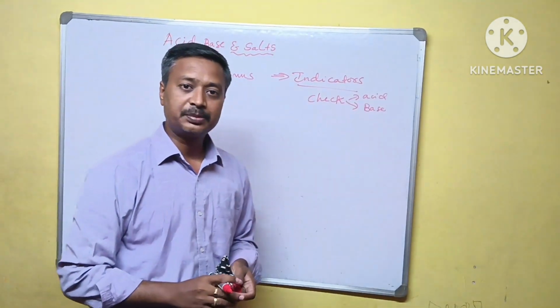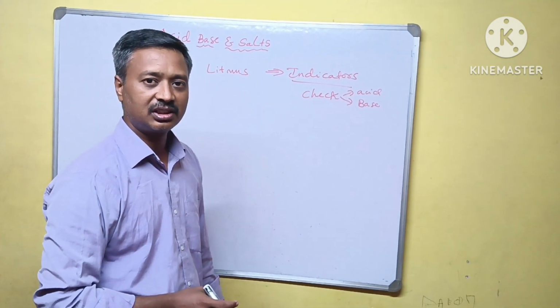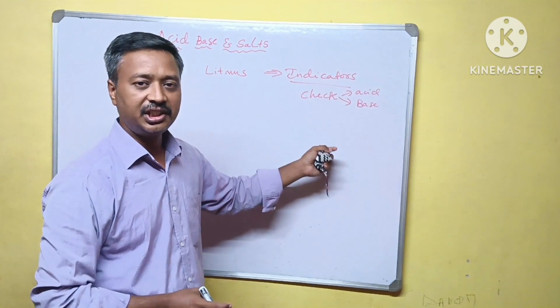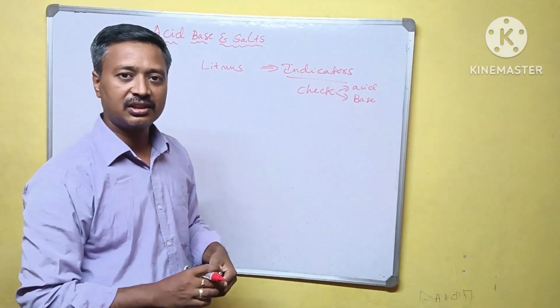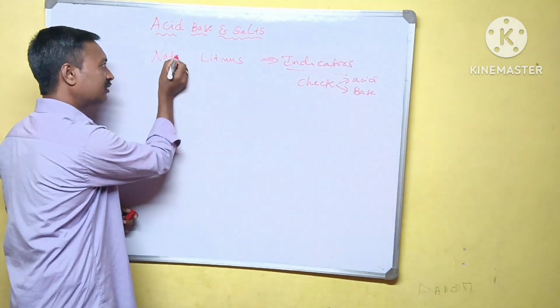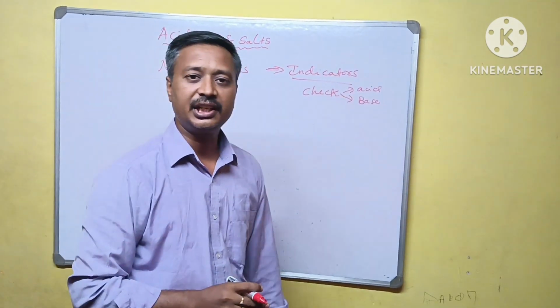Acidity and basicity can be found by using indicators. Litmus is a natural indicator.